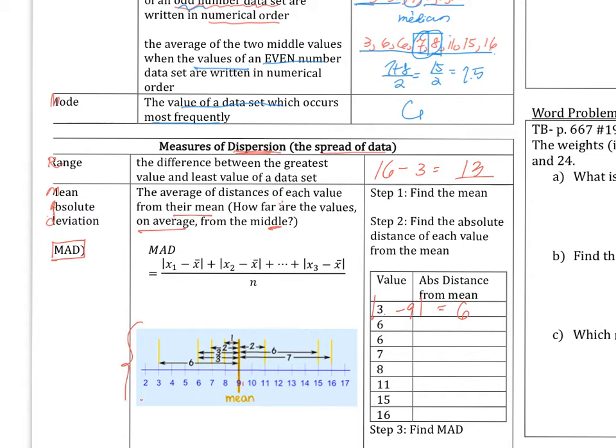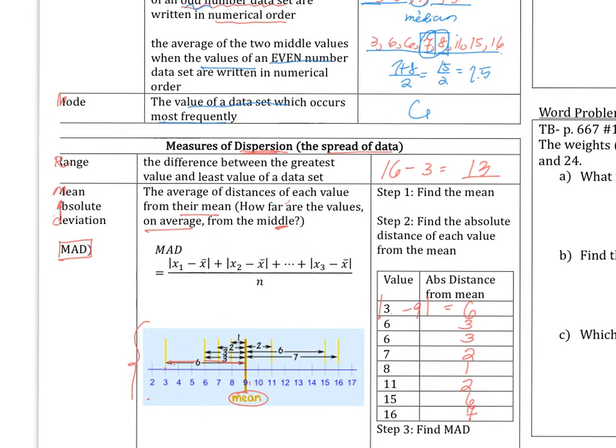So if I look at 3 here, it's actually about 6 units from the average of 9. And we do that for the rest of the values. So the next one would be 3, 3, 7 subtract 9, negative 2, take the absolute value, so it's positive 2, and 1, 2, 6, 7. So remember, we're just subtracting the average for all of these and taking the absolute value of it.